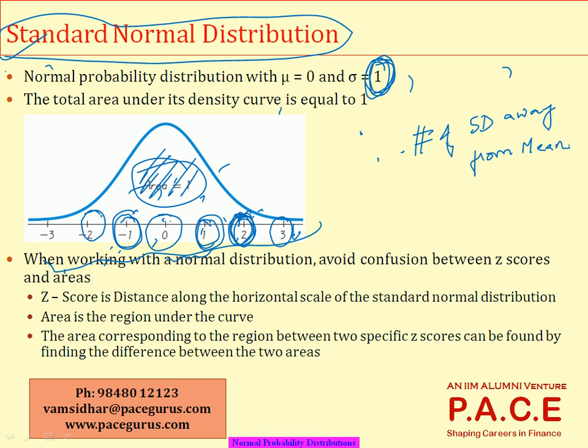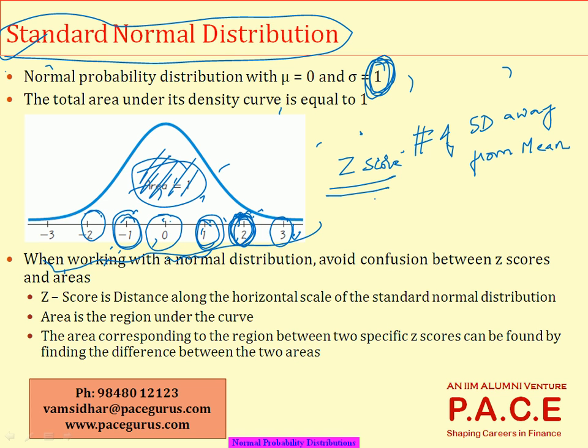The sum of all those areas will be equal to 1, but that does not relate to the values on the x-axis. So for our practical usage also, when someone uses a term called z-score, we'll talk about it in the next slide.